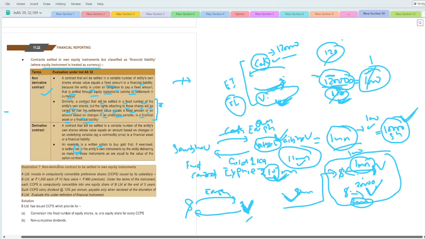ओके। सो ए नॉन डेरिवेटिव कॉन्ट्रैक्ट टू बी सेटल्ड इन ओन इक्विटी इंस्ट्रूमेंट्स, ये नॉन डेरिवेटिव के बारे में बात कर रहे हैं। सो A Limited invests in a compulsory convertible preference shares issued by its subsidiary B Limited, 1,000 each, 10 face value, 990 premium.